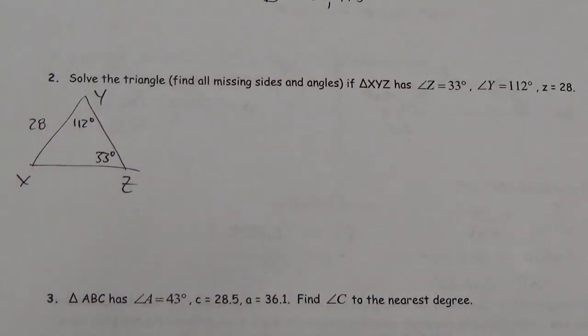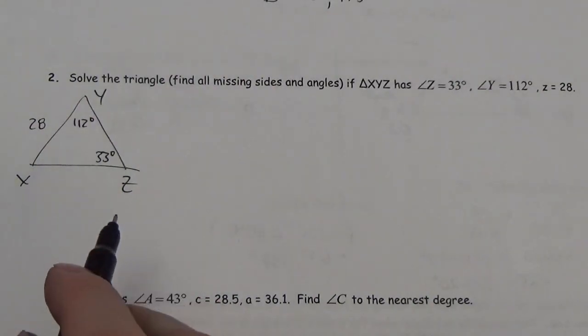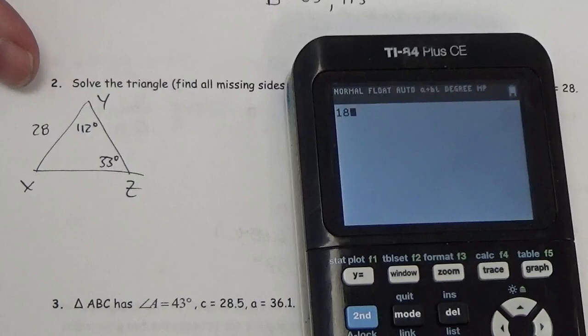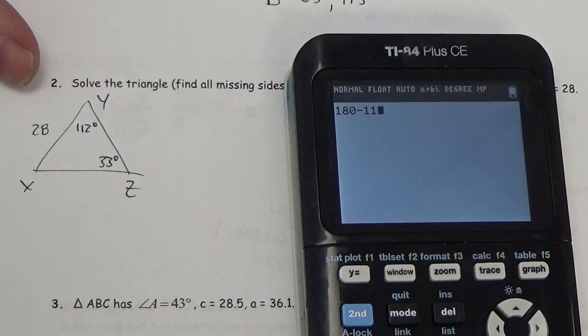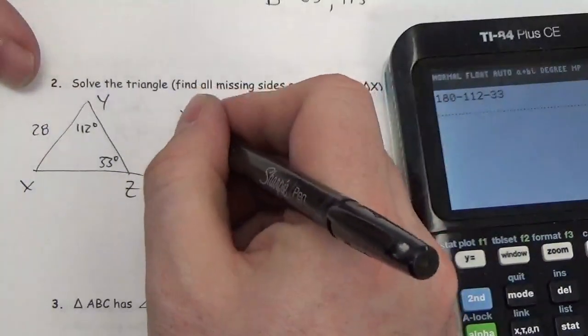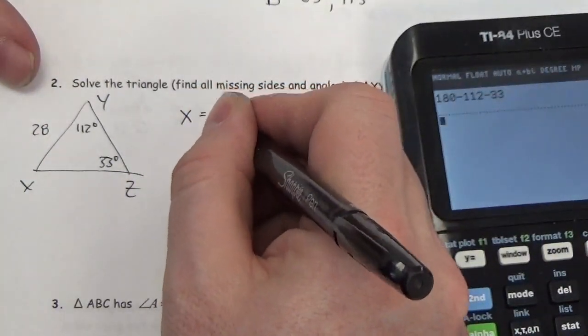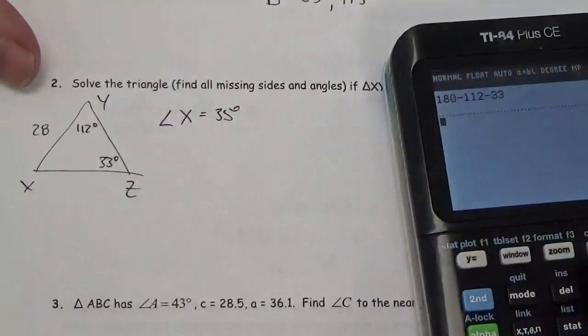Now in this case right here, this will not be an example of the ambiguous case of the sine law, because there is no ambiguity here. If I want to figure out what angle X is, I'm simply going to go 180 minus 112 minus 33. I know that X is 35. Okay, angle X is 35 degrees.